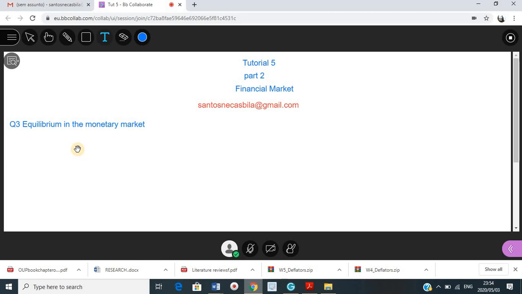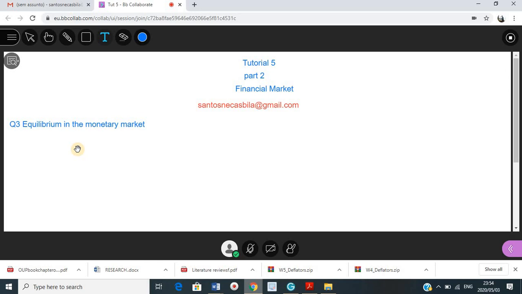How does this work? If there is a lack of reserves in the monetary market, the central bank is called to offset this lack of reserves. In which way? It is going to refinance the system.